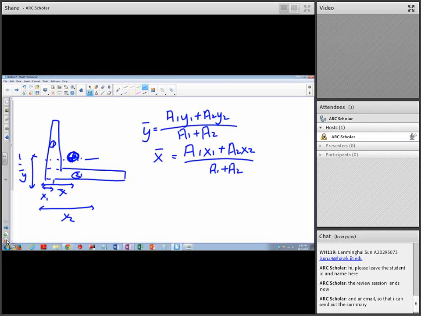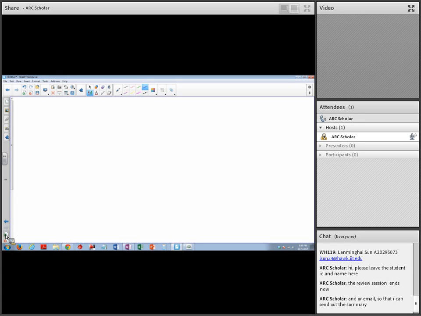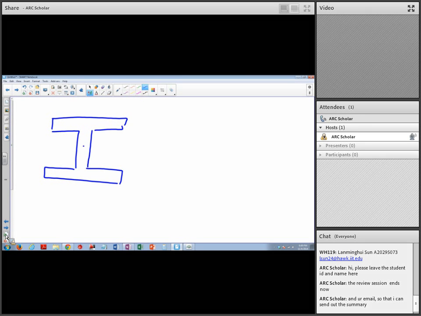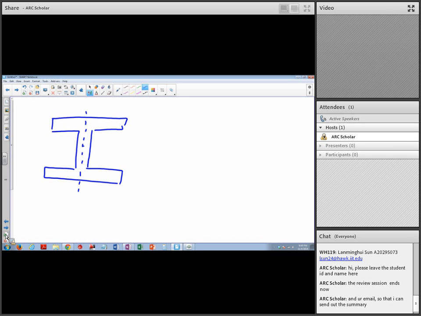So the conclusion is, when the shape looks symmetrical, like this, you only need to look for the height of the centroid, because you know the centroid is for sure going to fall in the middle of the shape. You just need to find how much the height is.